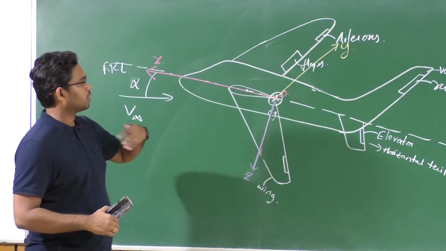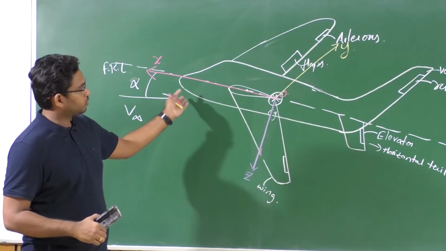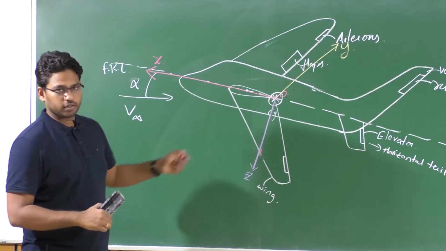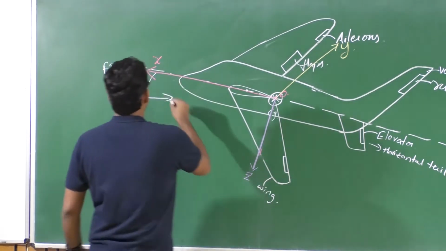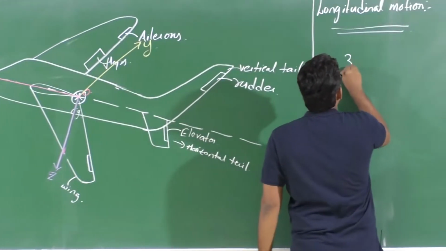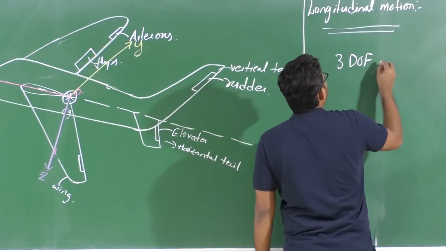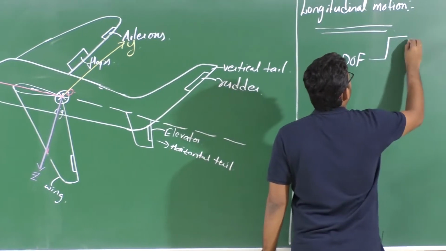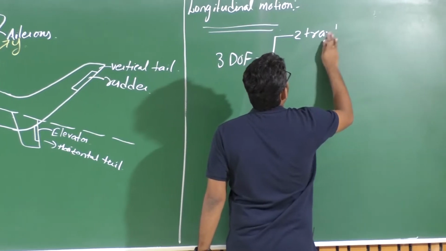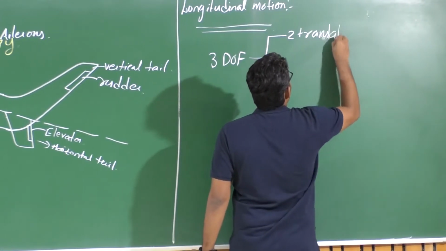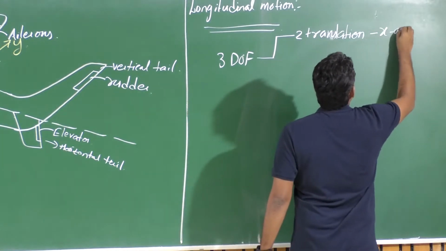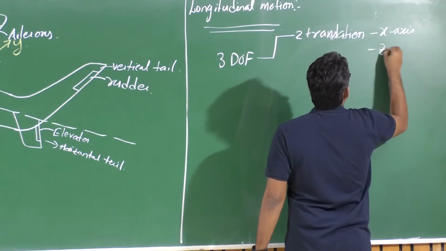So the aircraft is not crossing this vertical plane, so the motion is still constrained to this vertical plane even during that rotation, right? So we have translation along x. So in longitudinal plane we have 3 degrees of freedom, two translations, which are along x-axis and z-axis, right?